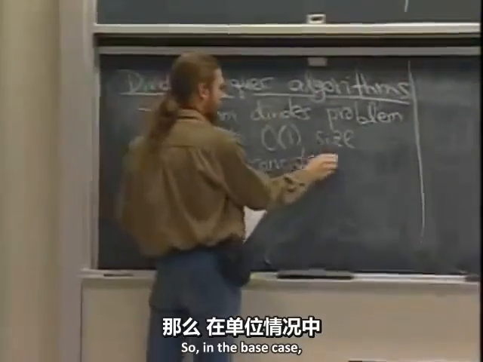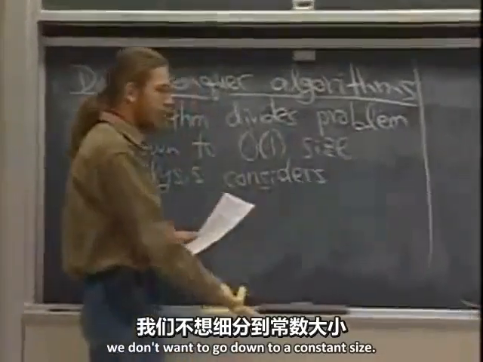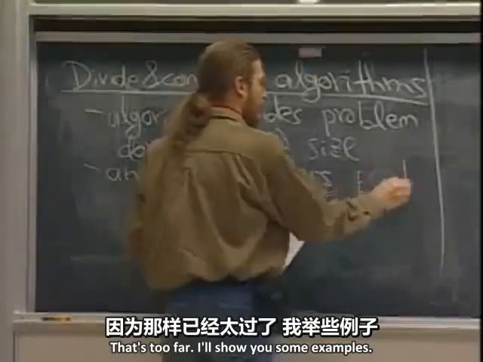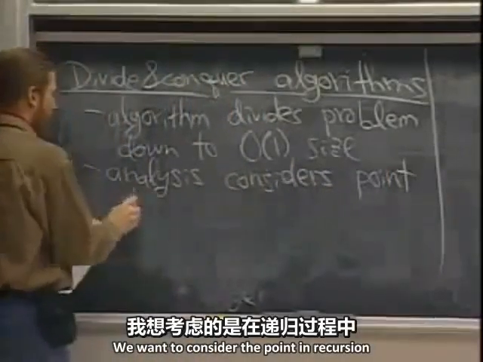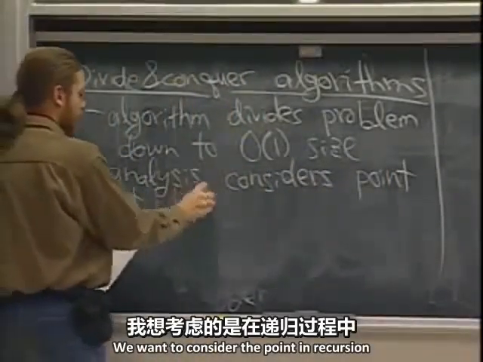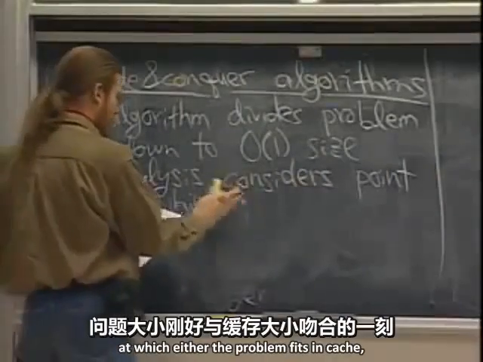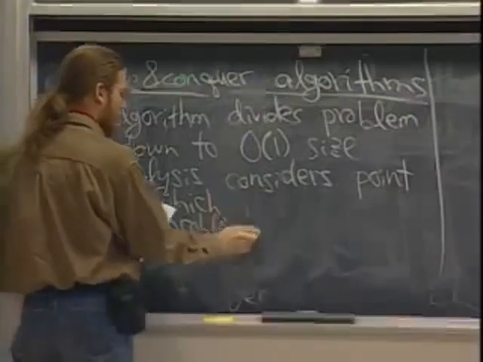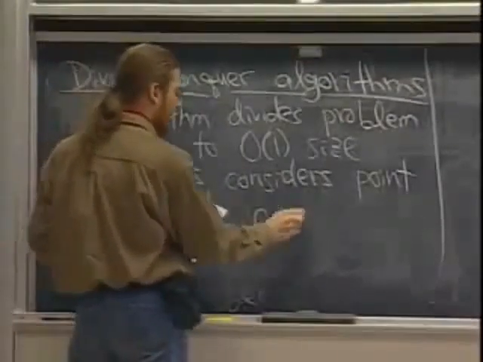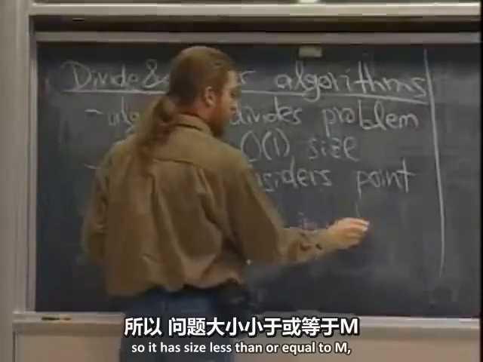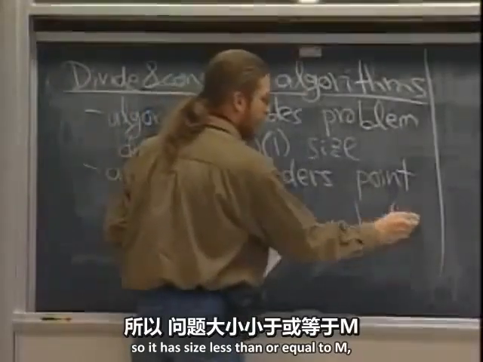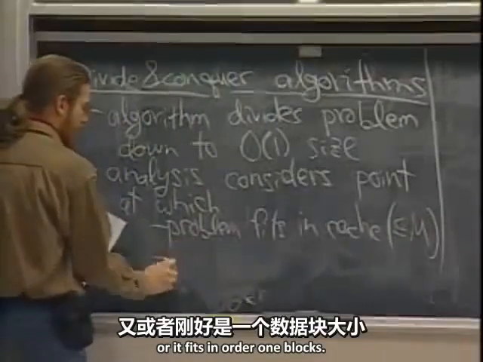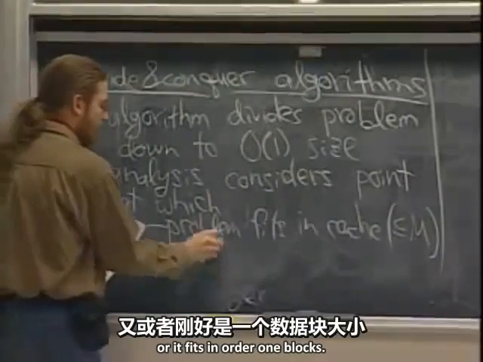So in the base case, we don't want to go down to a constant size. That's too far. I'll show you some examples. We want to consider the point at which the recursion, at which either the problem fits in cache, so it has size less than or equal to M, or it fits in order 1 blocks.